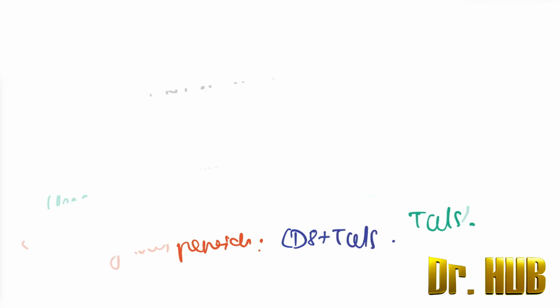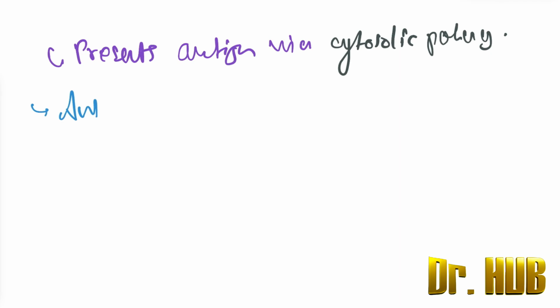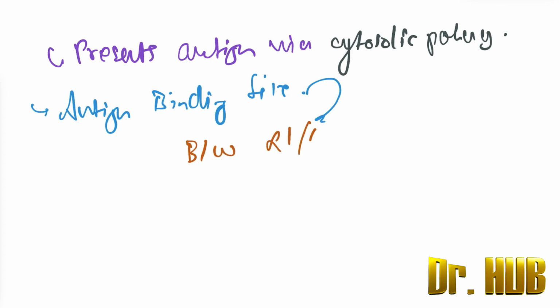Next, it presents antigen via the cytosolic pathway, and there is an antigen binding site, which is between the alpha 1 and alpha 2 groove.